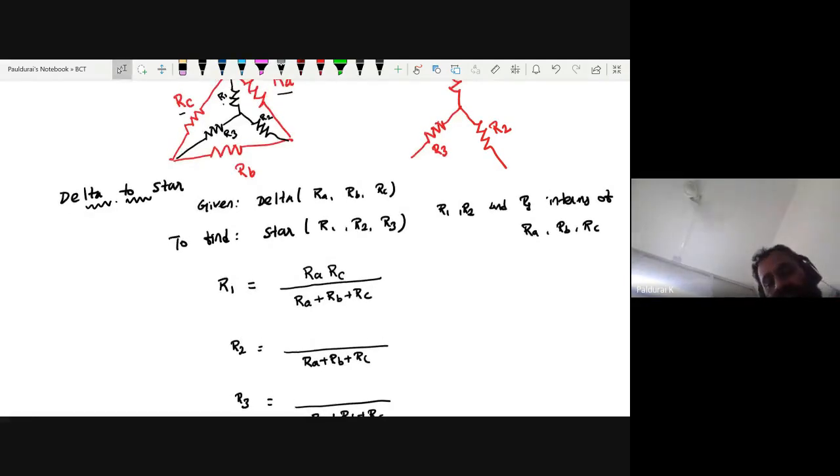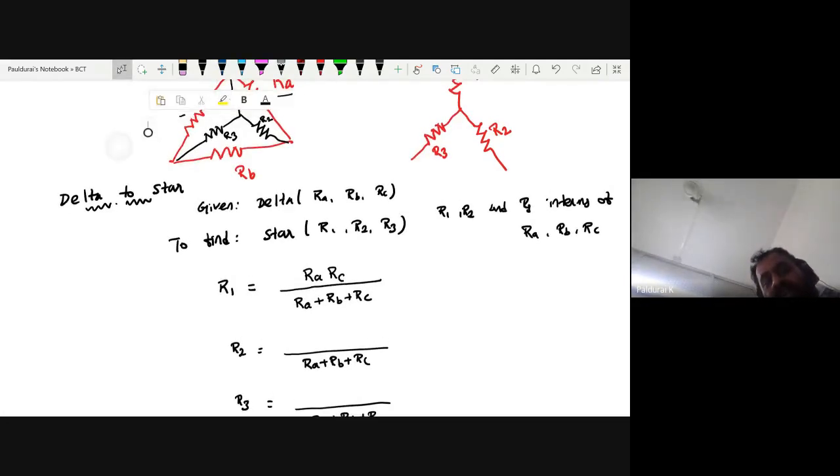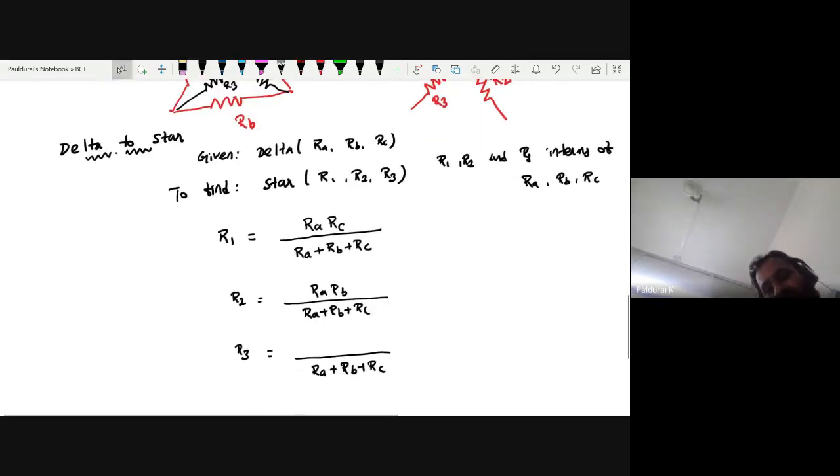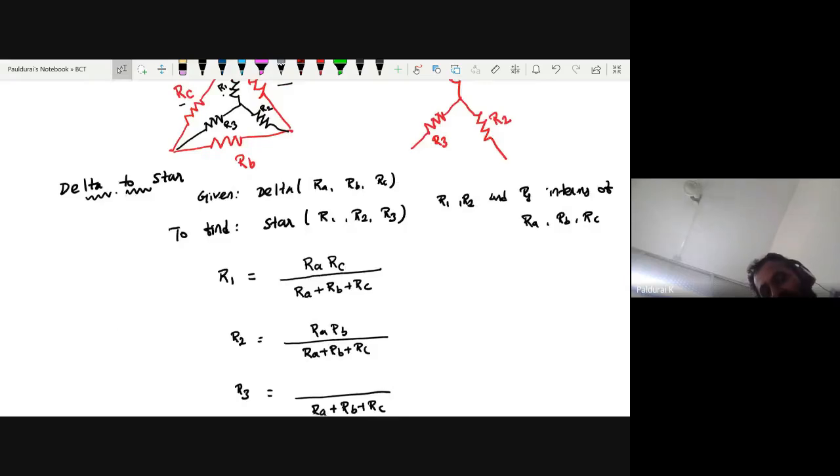The logic is, just listen, R1-க்கு adjacent-ல RA, RC. இப்போ R2-க்கு adjacent-ல யார் இருக்கா? Who are all the adjacent? So the formula is RA RB. That's it. R3-ல யார் இருக்கா? R3, RB RC. That's it. Very good.